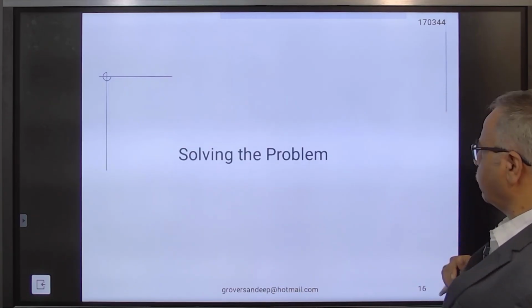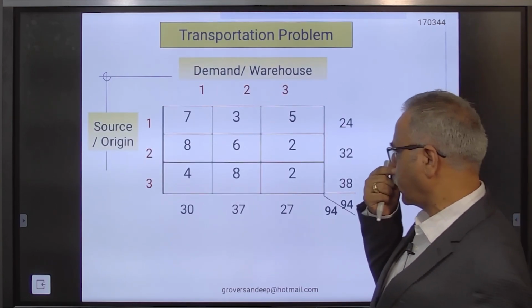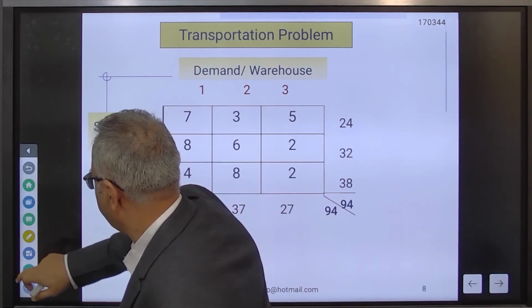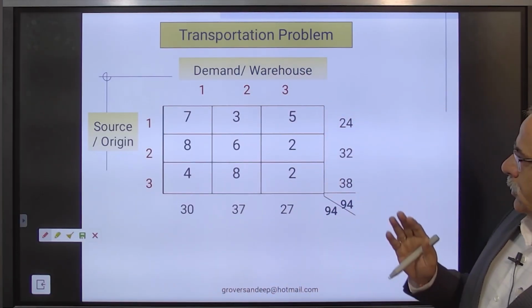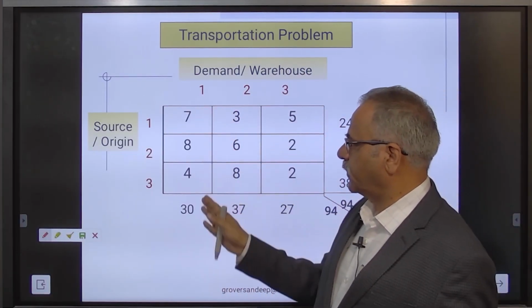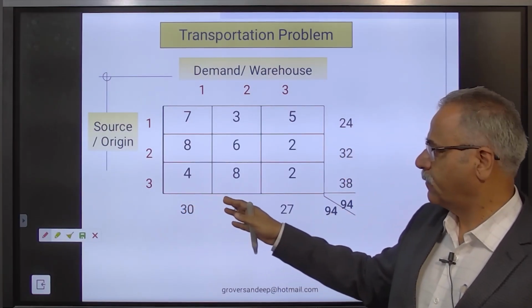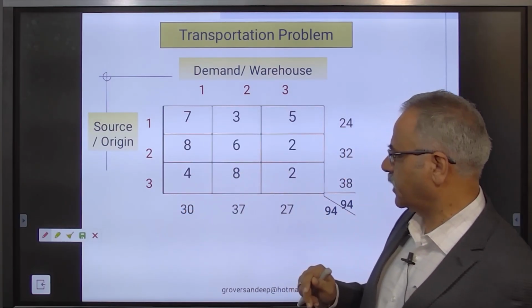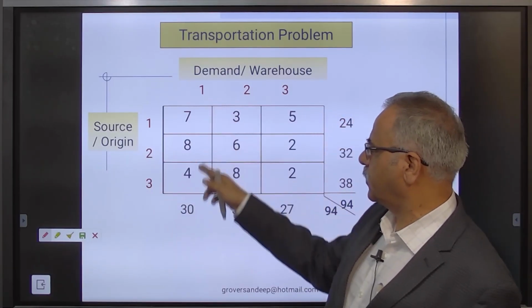So, let us see the same problem, okay. So, this is the problem, and let us solve it with the help of the column minimum method. So, we move to the first column. In the first column the minimum cost of transportation is 4. So, maximum allocation can be done here. The capacity of the origin is 38 and the capacity of this warehouse is 30.